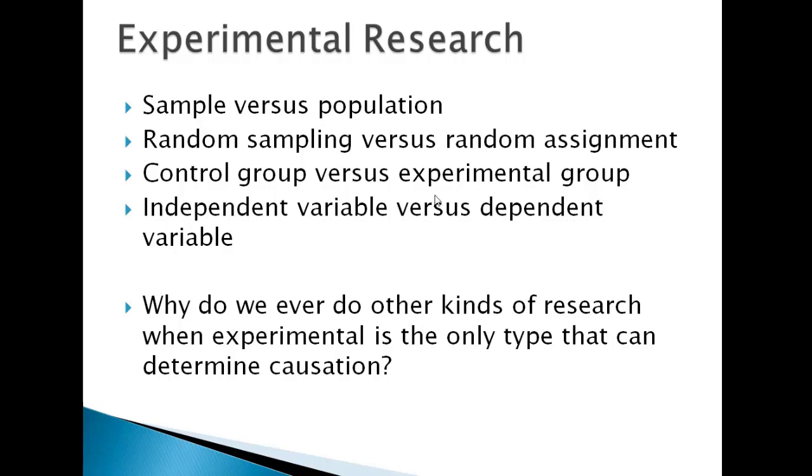Now, this leads us to the terms independent variable and dependent variable. This is what makes experimental research experimental. The independent variable is the thing that you manipulate. It's what you control. It's really what you controlled for. So in this research study, the thing that I manipulated as the researcher is the type of treatment a person received. In the experimental group, they received a real treatment.